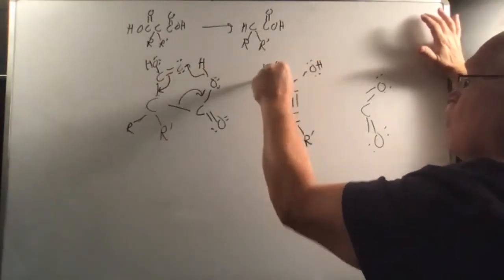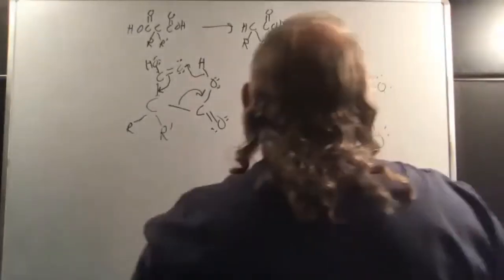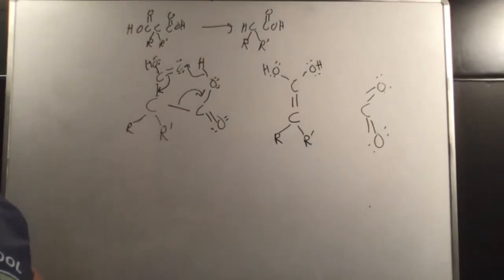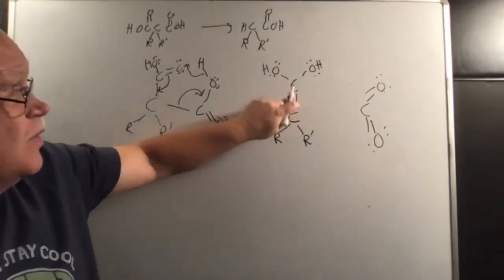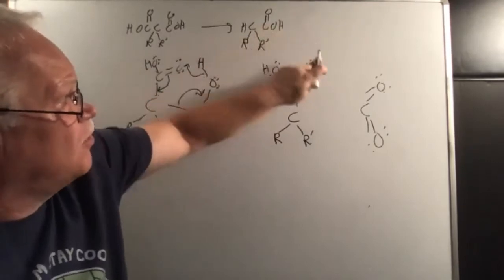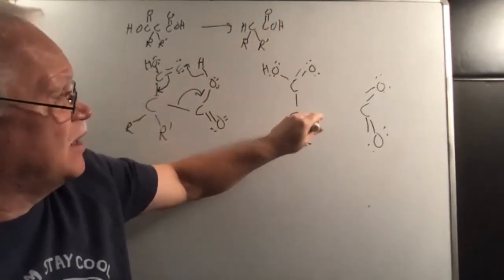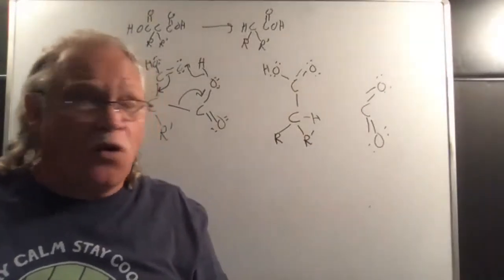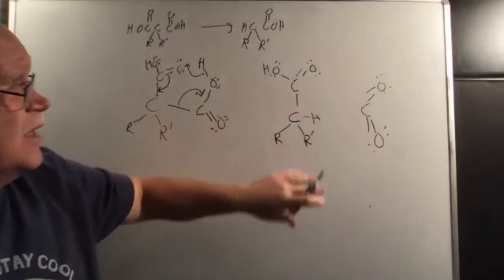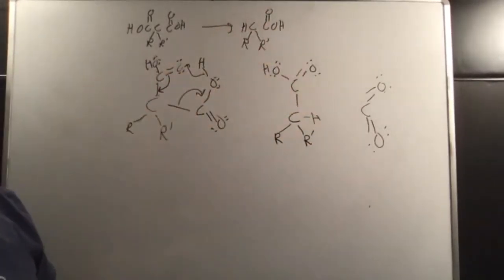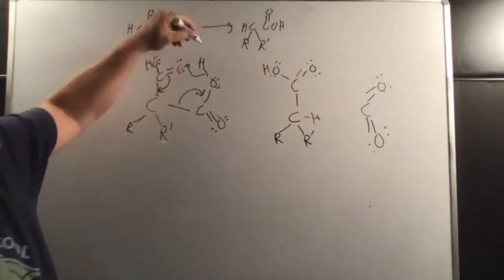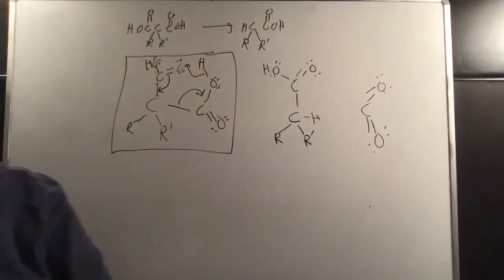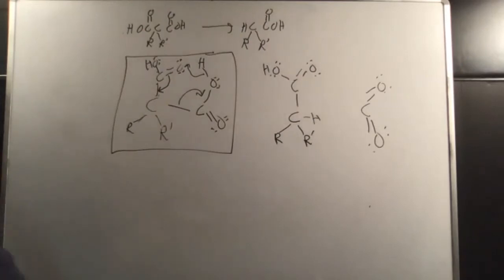So notice what we have. We have a structure that looks like that. And then this just does an enol keto tautomerism, where this pair of electrons comes up here and this H comes down here. Haven't we seen keto enol tautomerism before? And notice what the product is. Our substituted carboxylic acid. The key thing for you to realize is this, and I will leave this reaction with the following statement.